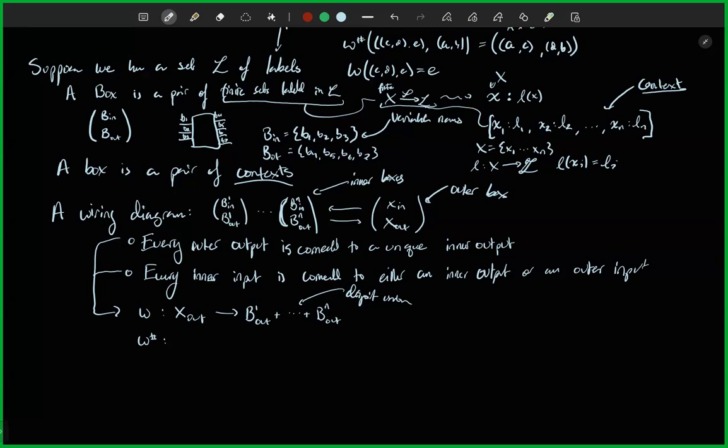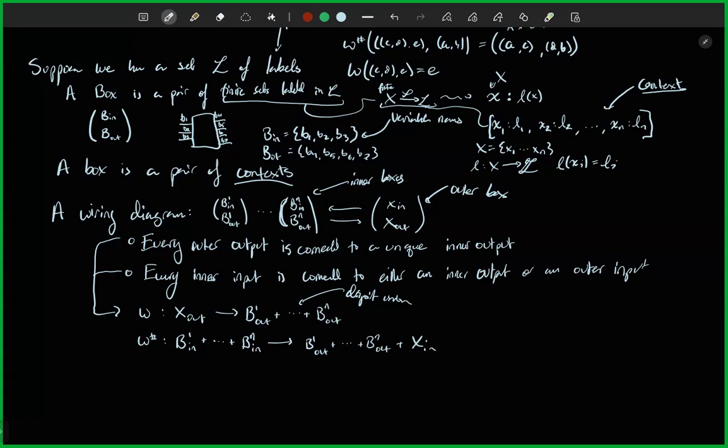And every inner input, so it's for all i, but I can bunch that up into a single function, is connected to either an inner output or an outer input. So if you look at this, it's exactly the backwards version of what a lens is.